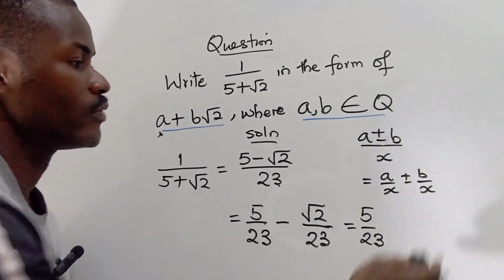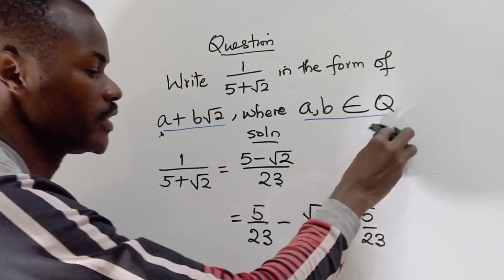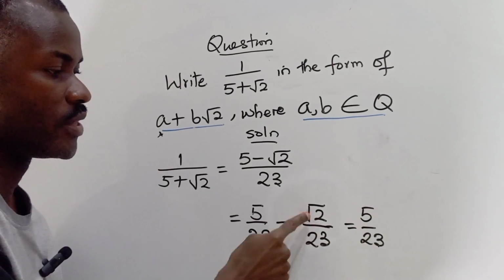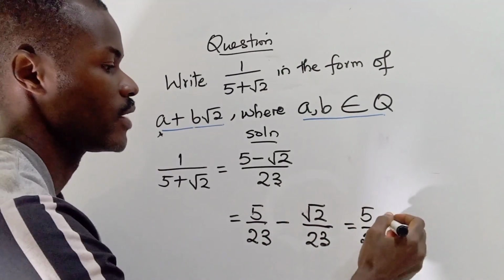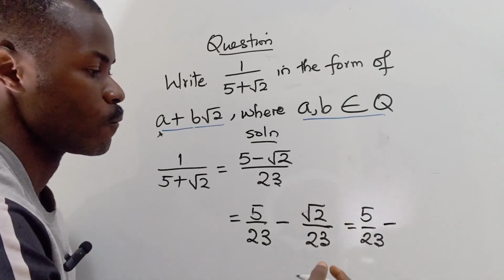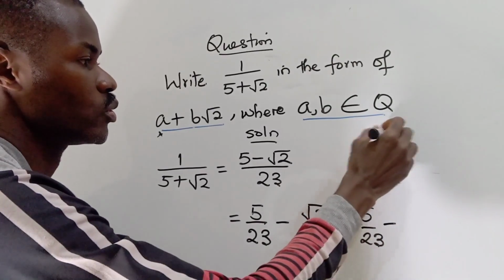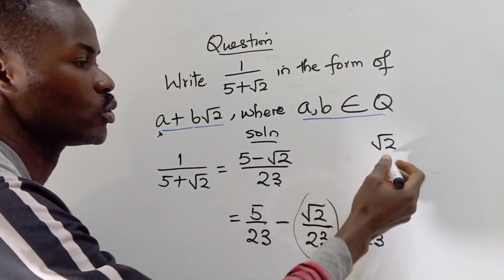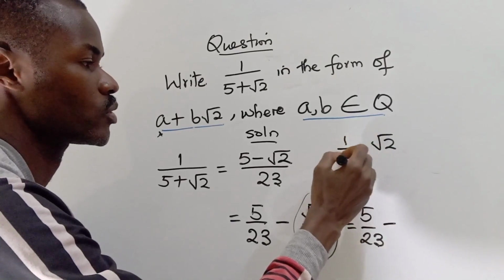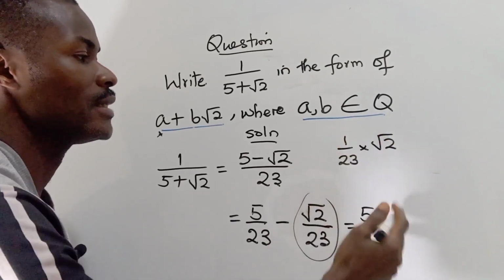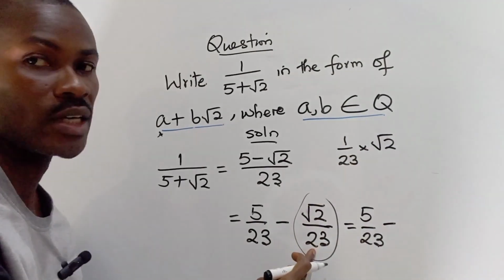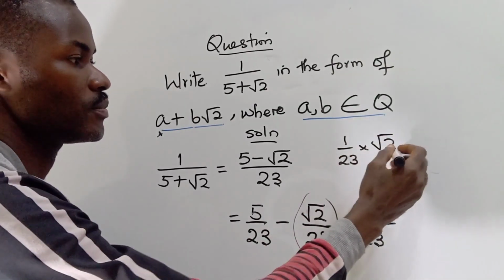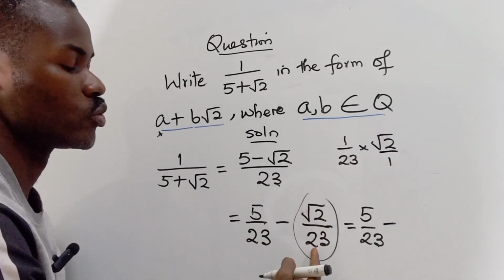Now, if you look at what we have here, we can bring out b from this, such that if I have, what will I multiply to root 2 to get this? What I need to multiply to root 2 is 1 over 23. So if I multiply this, I'm going to get this, because 1 times root 2 is root 2, and 23 times 1 is 23.